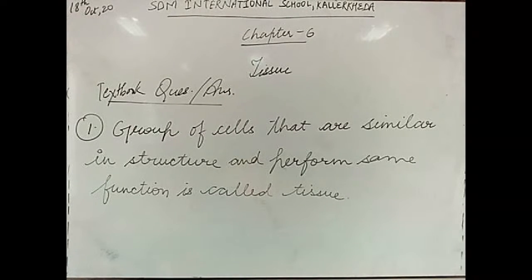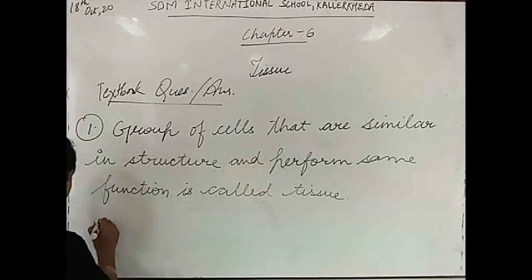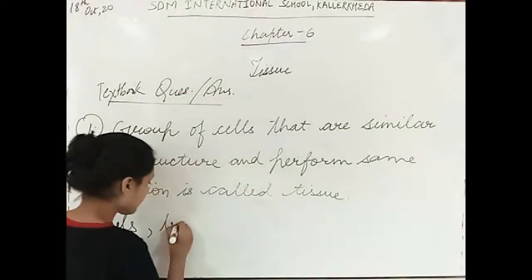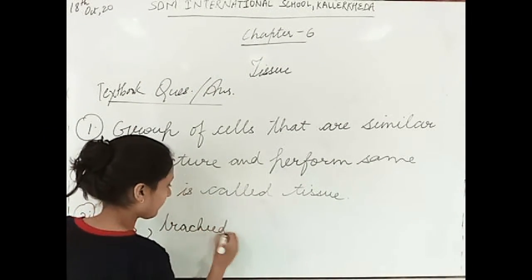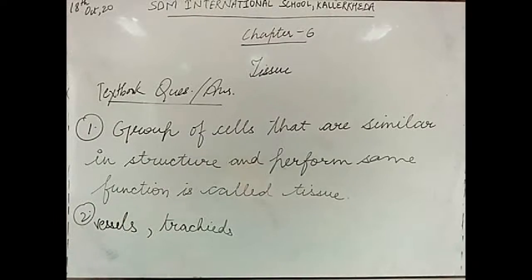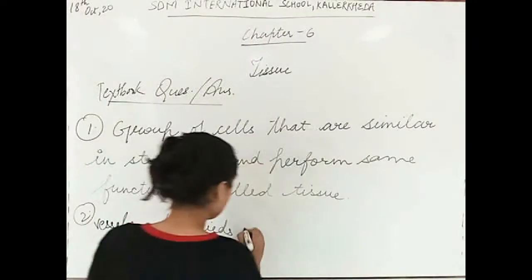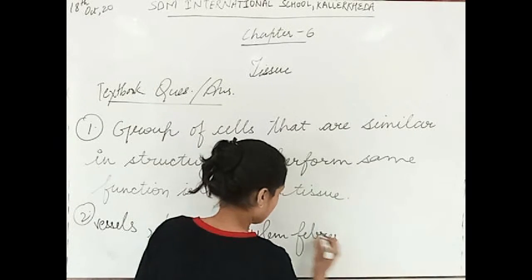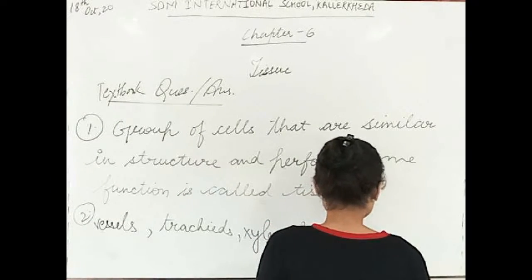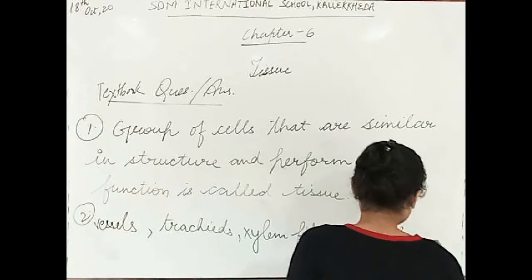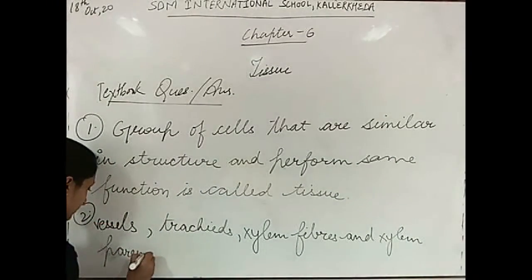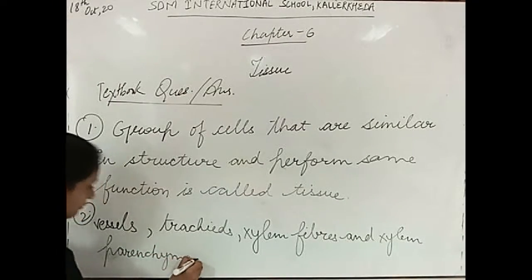The xylem is made up of vessels, tracheids, xylem fibers and xylem parenchyma.